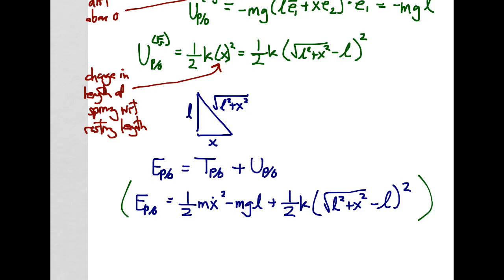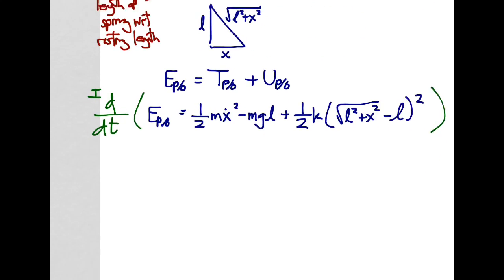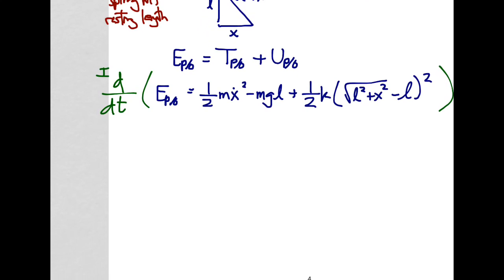Right, we take the time derivative of this entire expression as observed in the inertial reference frame, and so the time derivative of our energy is equal to 0 because energy is conserved, and then we're going to take the time derivative of each of these pieces of this expression.